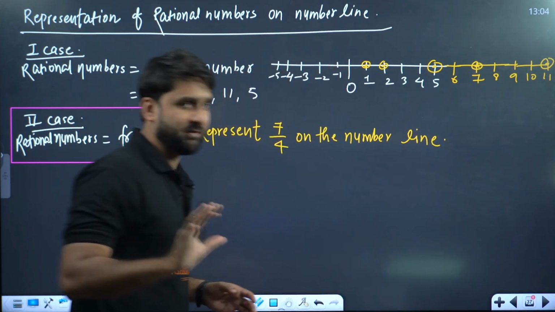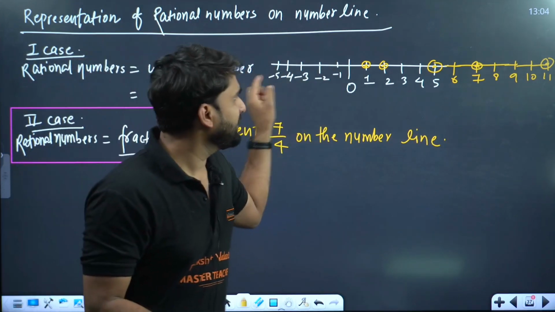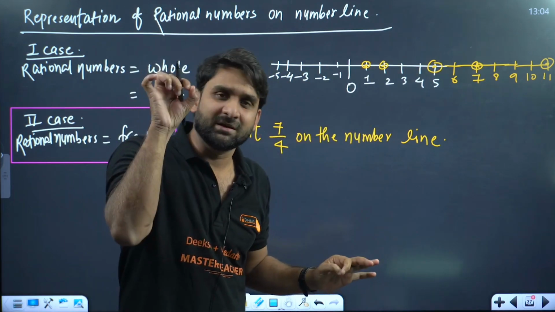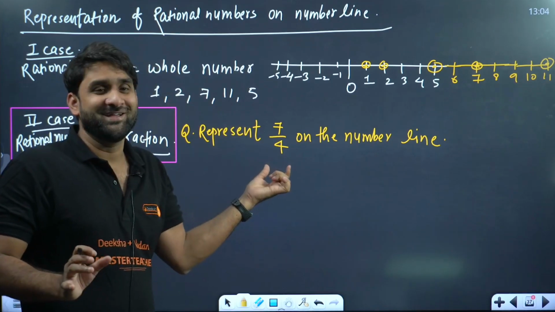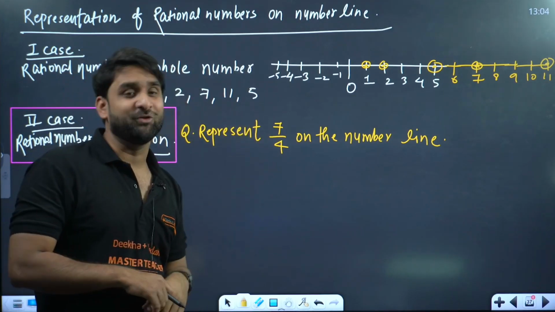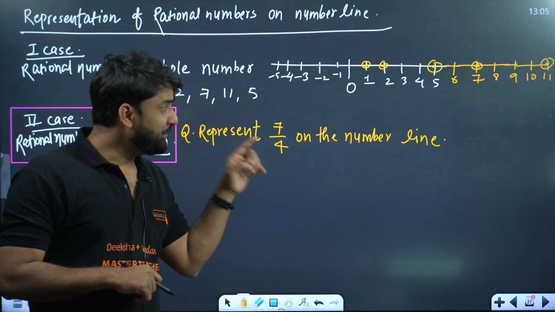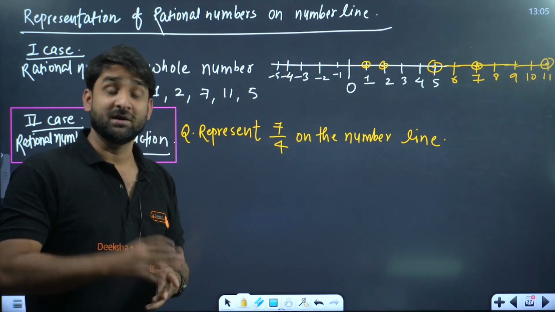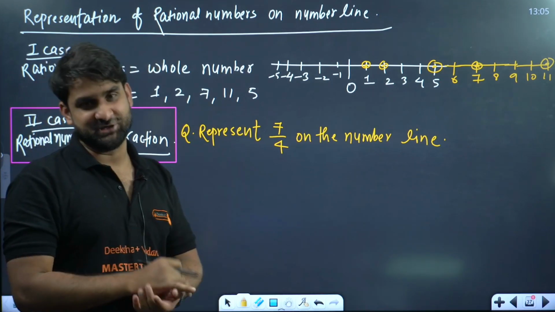Please understand, everyone. Representation of whole numbers is very easy because all the numbers on the number line are in whole number form. So we can directly represent by selecting the point according to the number. Right? This is important: how to represent a fractional value on the number line. So my dear champion, to represent a fractional rational number on the number line, I am going to give you a very powerful magical method.